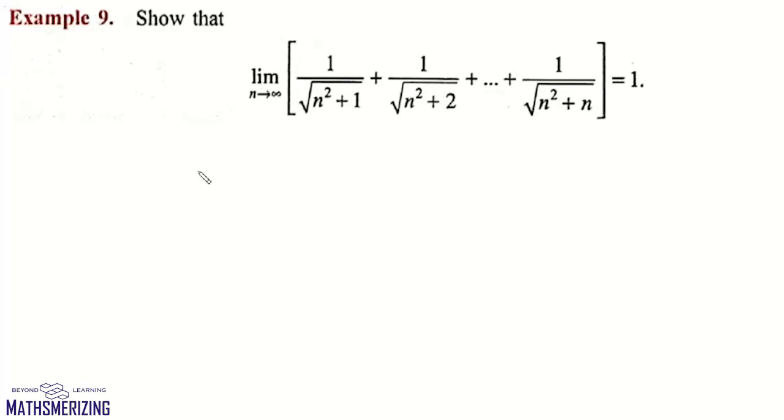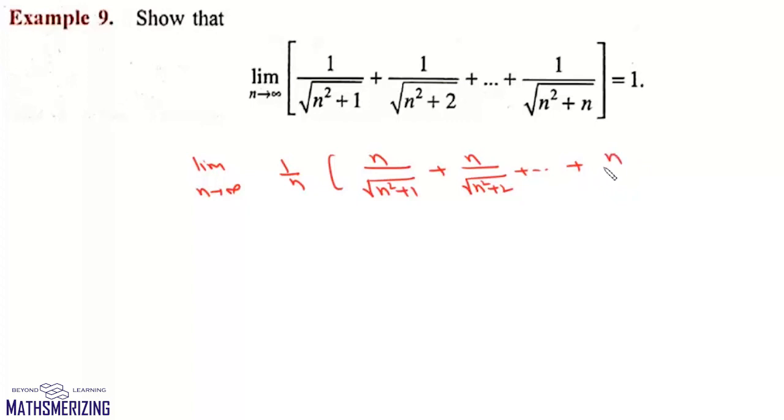So what we'll do is we'll write this as limit n tends to infinity 1 by n times n upon under root of n square plus 1 plus n upon under root of n square plus 2 up to n upon under root of n square plus n.